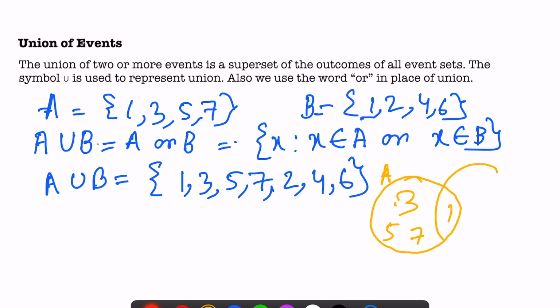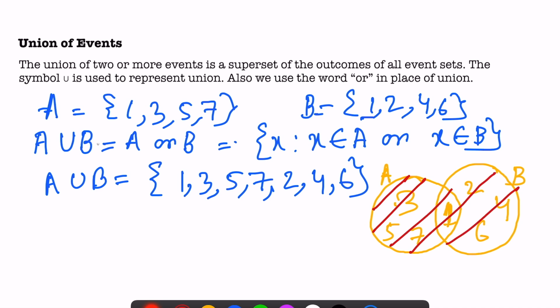And this is event B, which contains 1, 2, 4 and 6. So 1 is common to both events, 3, 5, 7 belong to A only, and 2, 4, 6 belong to B only. So the union will be this shaded part. The whole region will be under A union B.